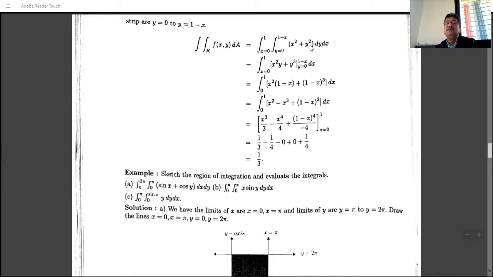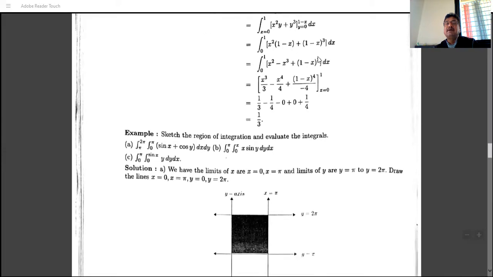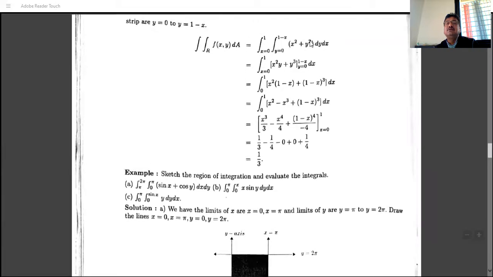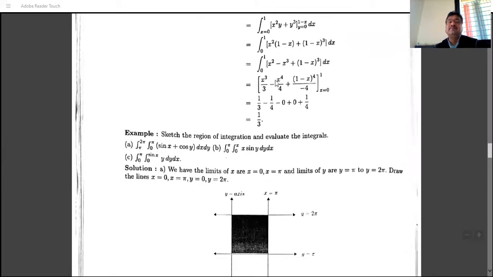So write divided by 3 here. I think divided by 3 is missing here. Then the value at upper limit minus the value at lower limit. I think this answer is wrong, because the integration of y square is y cube by 3. And then calculate the next.